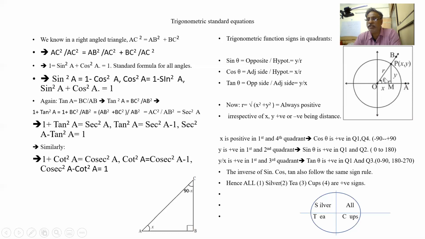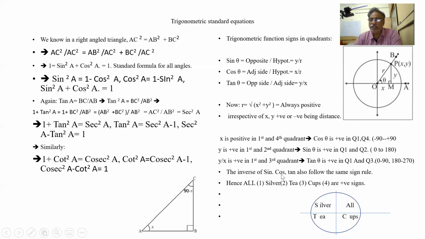Cos theta is x by r, so it is positive in first and fourth quadrants. Tan theta is sin theta by cos theta. Depending on that, plus by plus is plus, minus by minus is plus. So tan theta is positive in the first and third quadrants. This is what is given here.